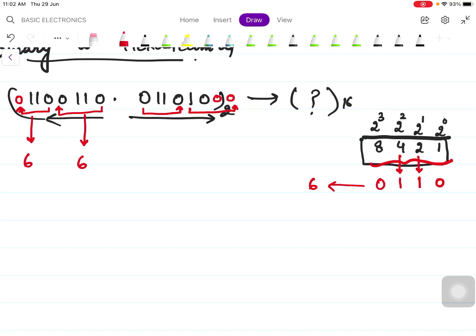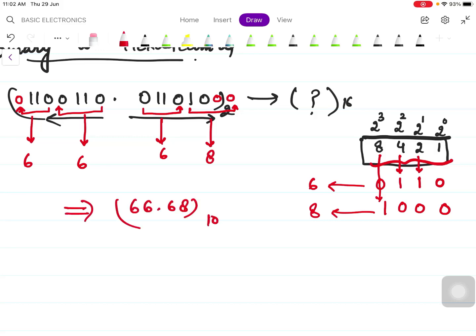Now 0110 is again 6, and 1000, let us place it under 8421. 1 is lying under 8, so this number is 8. So this combination is 8. So this is how we represent binary to hexadecimal. I'm sorry, binary to not decimal, it's hexadecimal.